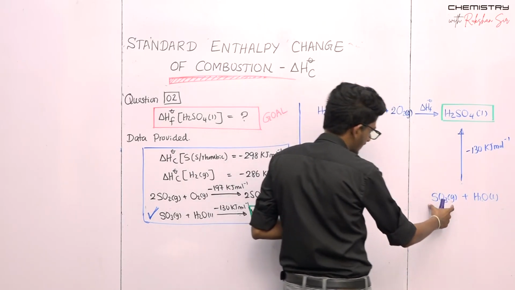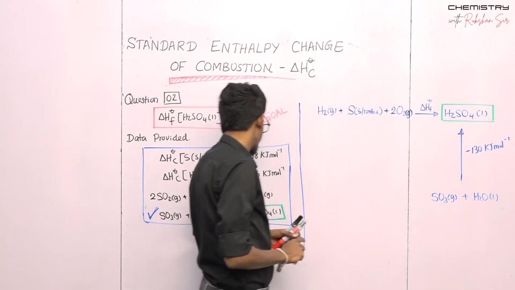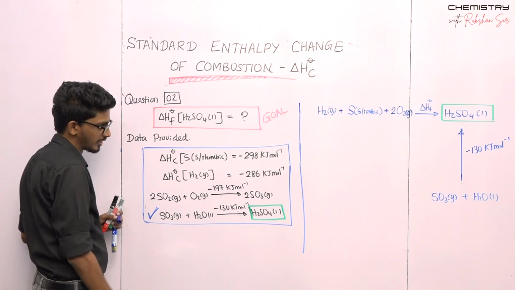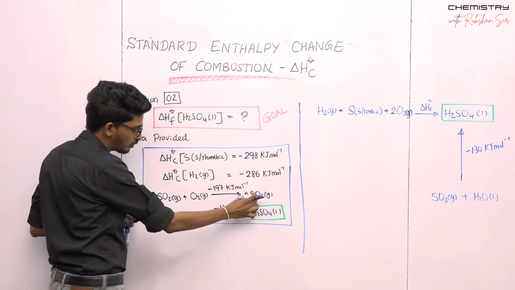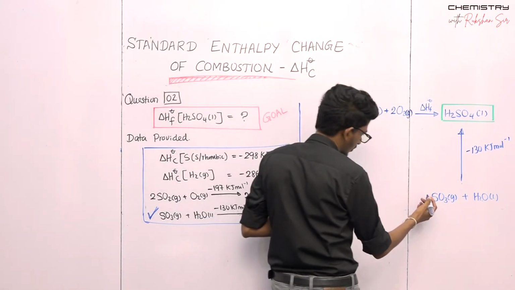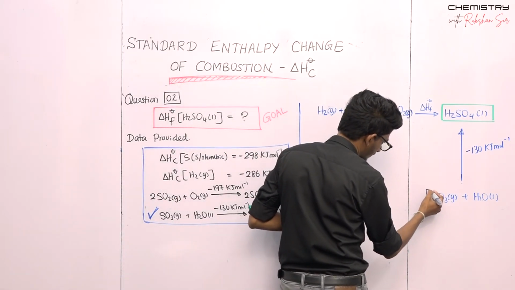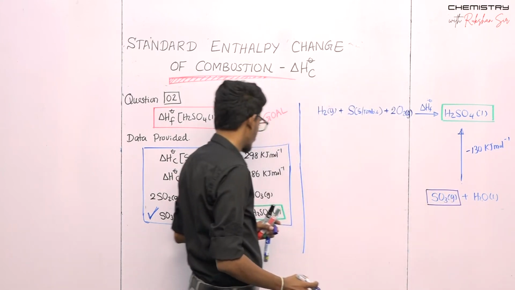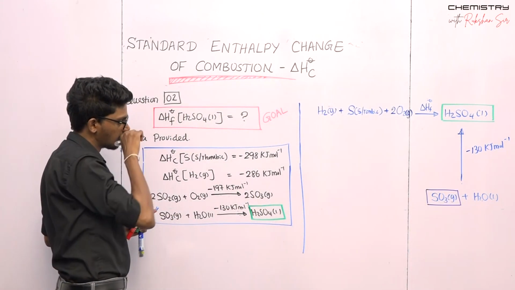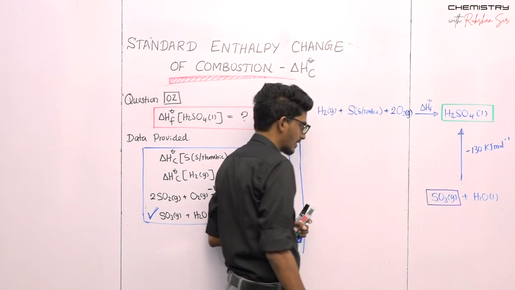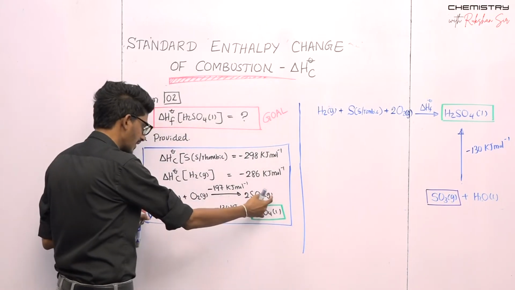You have SO3 gas and H2O liquid here, but with this second equation you have 2 of SO2 gas and 2 of SO3 gas as well. So here SO3 gas is appearing, right? So just try to paste some SO3 gas to here from this equation. Here 1 SO3 gas is available, and here 2 SO3 gases are available.